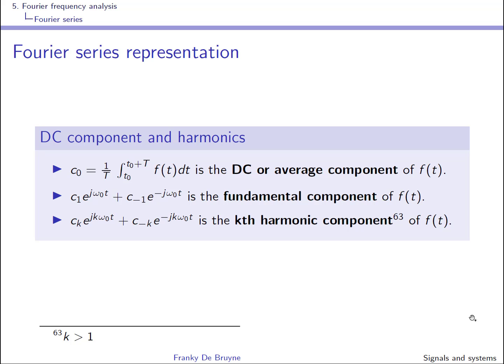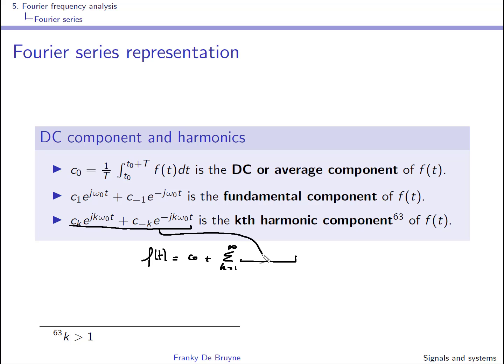So in the previous slide we have rewritten the Fourier series representation as follows. So it's C0 plus a sum that goes from 1 to infinity of an expression, and this expression is the one that you see over here.